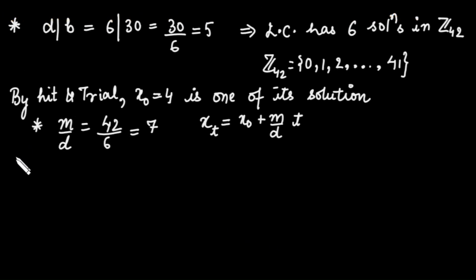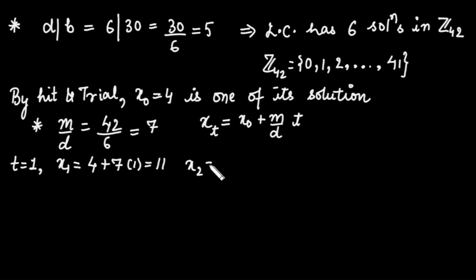From here substitute t is equal to 1, because when we have t is equal to 0, that gives 4. For t is equal to 1, we get x1, that is equal to 4 plus 7 into 1, which is equal to 11. So the next solution we have is 11.